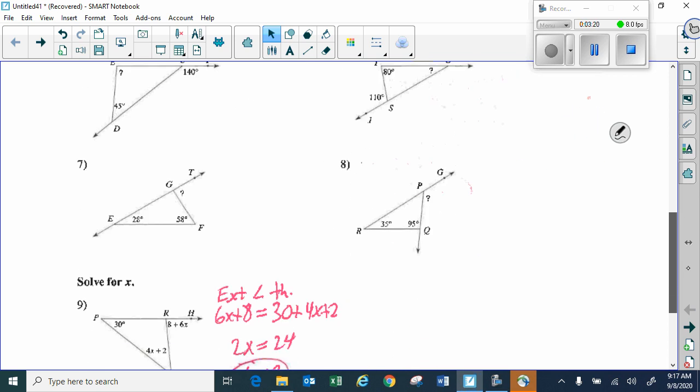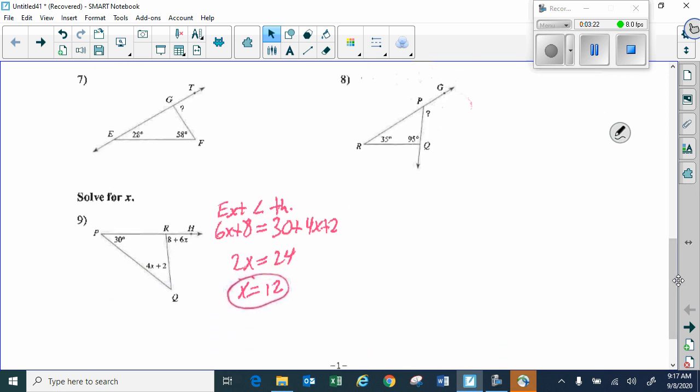It doesn't change. Okay, so if we go down to here, the first one that has algebraic expressions involved. Here obviously is my exterior angle, and here's my two remote interior angles or opposite interior angles. So I have the exterior angle, 6x plus 8 equals the sum of the two remote interior angles, 30 plus 4x plus 2.